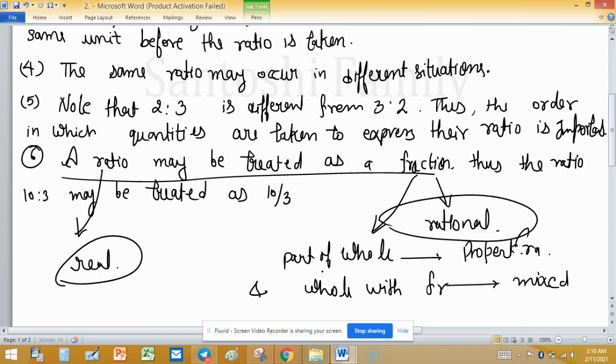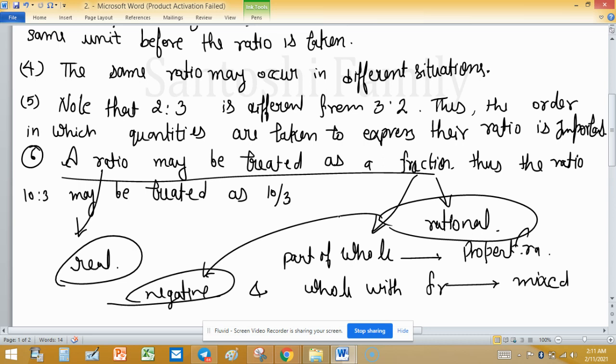But if you treat ratio as a rational, then rationals can be negative, but a ratio can never be negative, because the definition of ratio is how many times one quantity is to another, meaning how many times to multiply one quantity to get the other equivalent quantity.